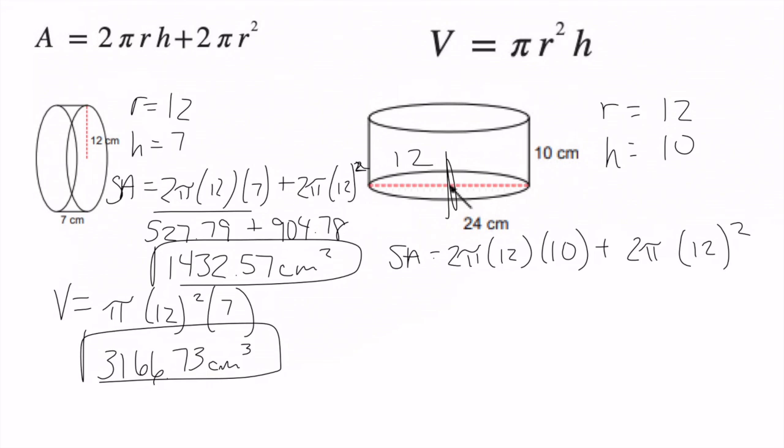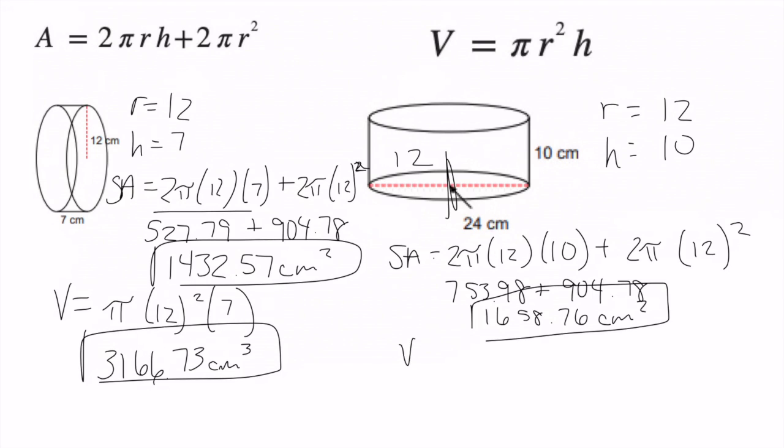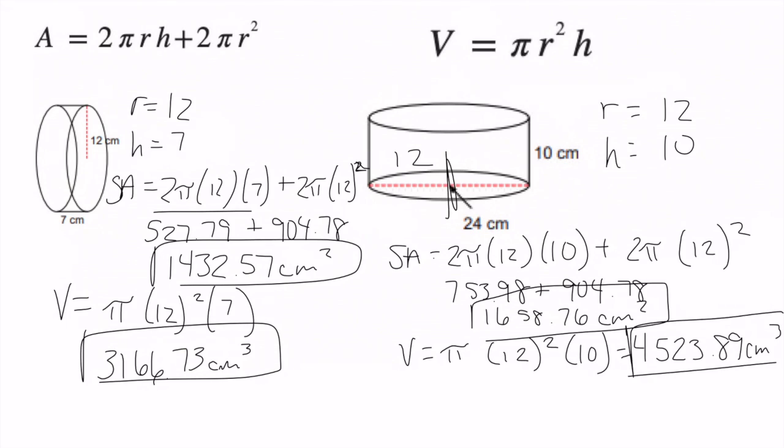For this first piece, we get 753.98 plus 904.78 to give us a surface area of 1,658.76 centimeters squared. For volume, we have pi times our radius of 12 squared times our height of 10, which would give us 4,523.89 centimeters cubed. And that'll be the end of surface area and volume of cylinders.